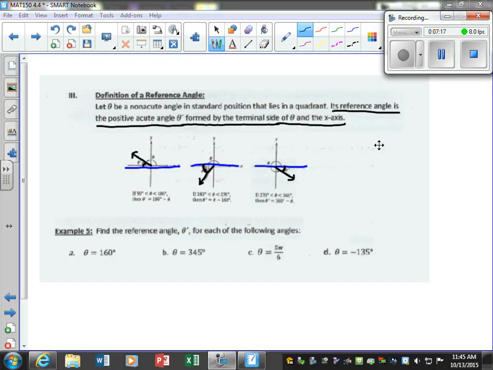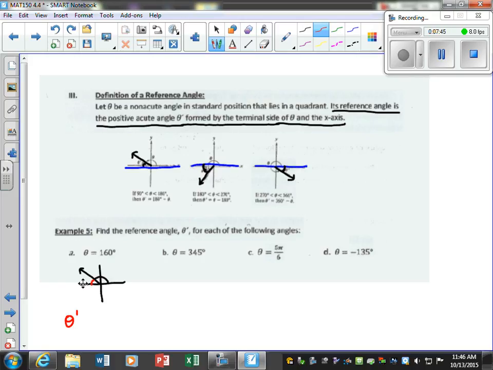All right, so let's look at A. Let's see an example of this. Let me draw approximately where angle 160 is, and these are just rough approximations. So it's going to be somewhere over here. That's 160 degrees. My reference angle, which I'm going to call theta prime, would be this angle right here, which is the smallest angle that takes me back to the x-axis.